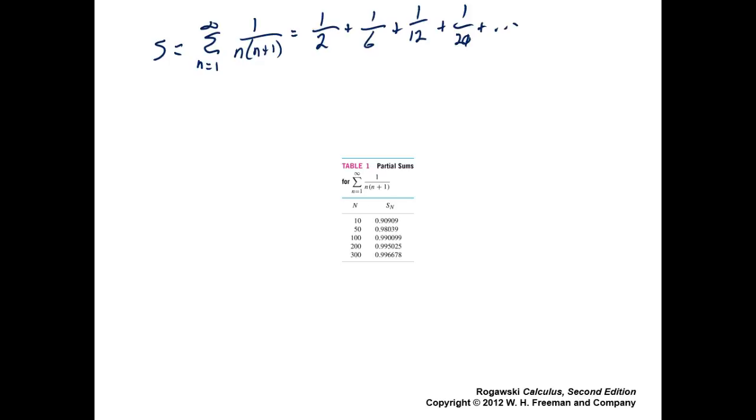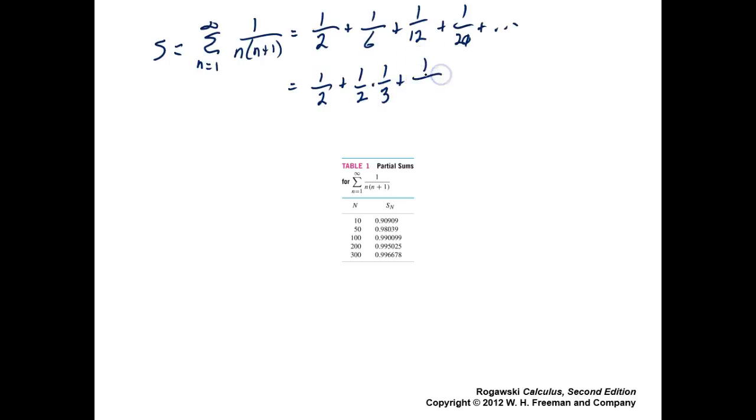Well, let's write that slightly different way. 1 over 2 plus 1 over 2 times 1 over 3, right?